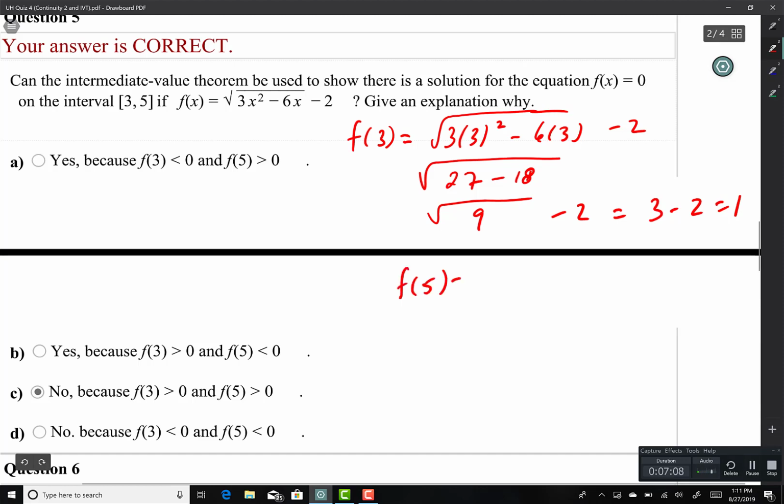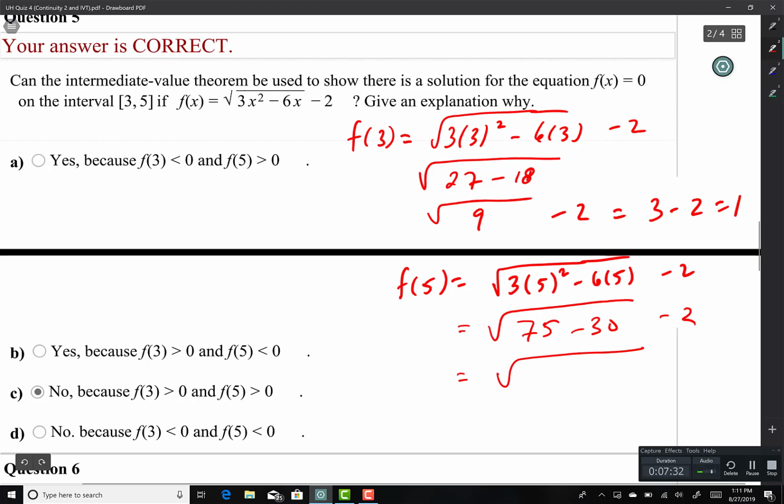So let's see what f of 5 is. F of 5 is square root of 3 times 5 squared minus 6 times 5 minus 2. So 5 squared is 25 times 3 is 75, and 6 times 5 is 30.